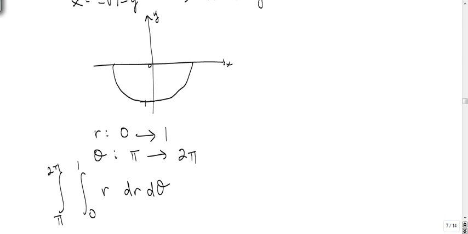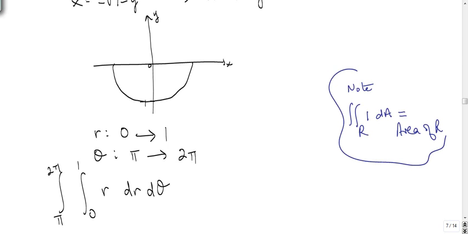Let me put it on the side. Note the double integral of 1 dA over R is equal to the area of R. So that integral that we are finding, we are actually just finding the area of this semicircle. Okay?